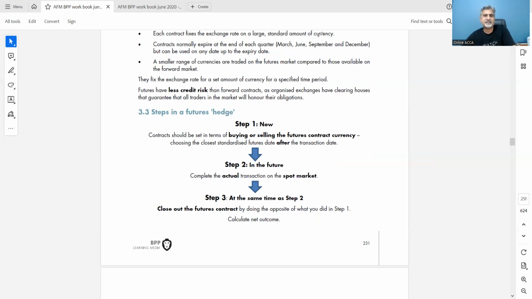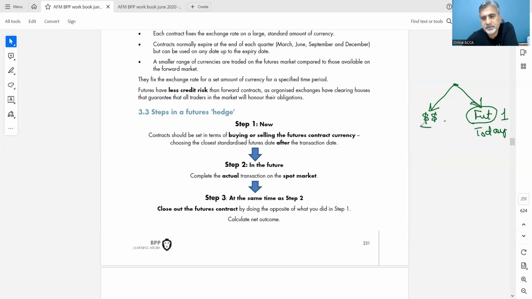So let me just tell you again what happens. You know that you need dollars in 3 months' time. So you go to the actual market and you make a future contract. First step, you make a future contract. This is what you do today.